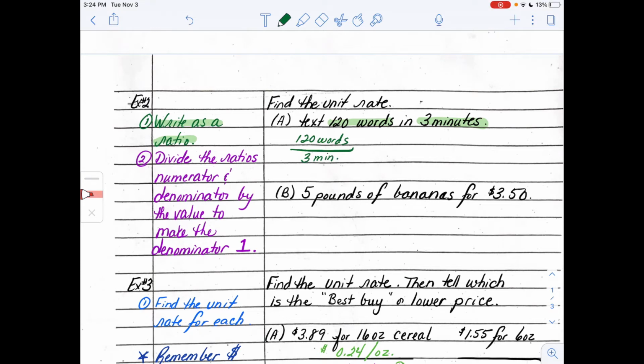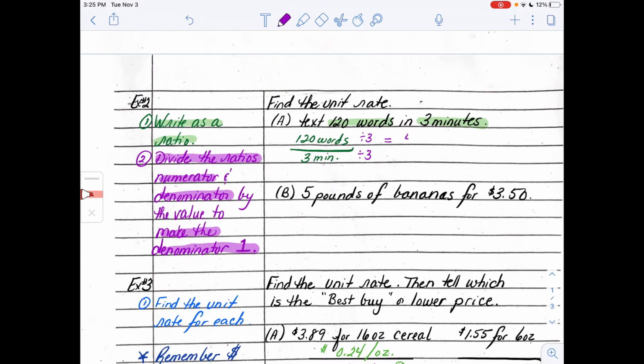Now, again, unit rate means I have to go ahead and get that denominator to be a 1. So I'm going to divide the numerator and denominator. So I'm making that denominator 1. So let's go ahead and divide top and bottom by 3.